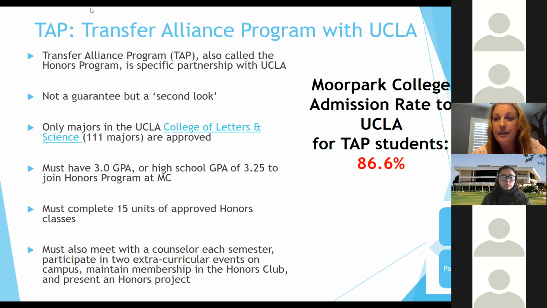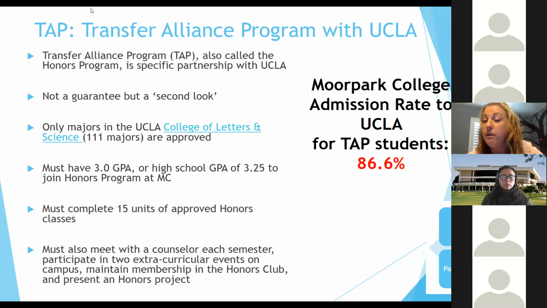So what TAP is, you have to be part of our honors program. To get in our honors program, you either had to have a 3.25 high school GPA, and there's just an online application and you automatically are in our honors program. Just send us a high school transcript and we verify that 3.25 and you're in. If you were below that, that's okay, because you just need to have a 3.0 at Moorpark.